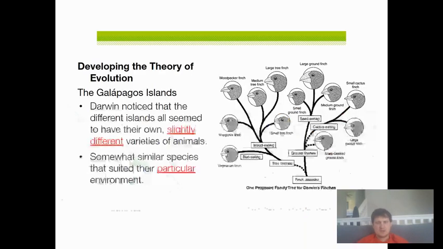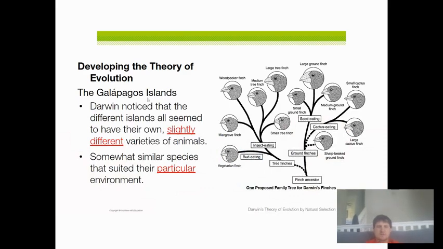Okay? There are a couple of things that led to the theory of evolution by natural selection. Number one, again, back to Charles Darwin, as he went to the Galapagos Islands. He noticed that the different islands all seemed to have their own slightly different varieties of animals.